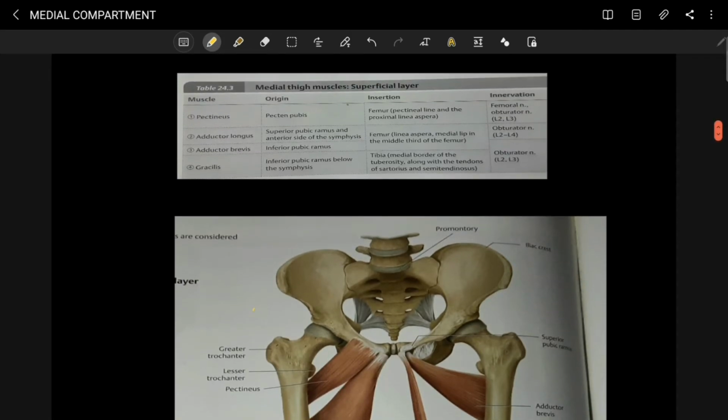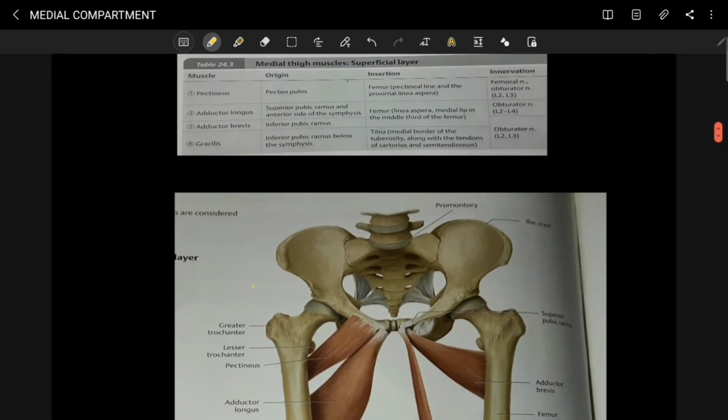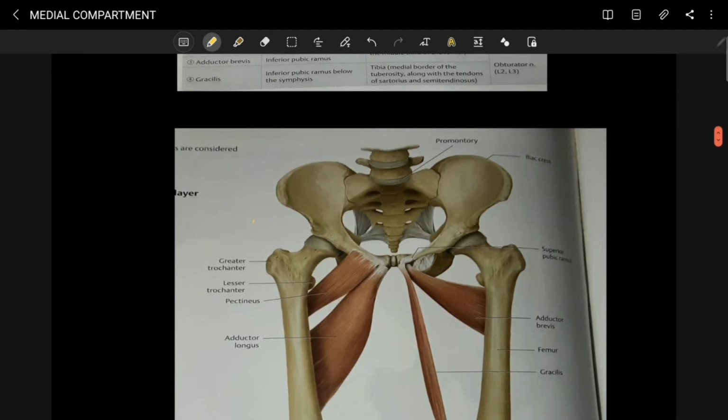So those are four muscles. Just to revise, we have pectineus here. Pectineus originates at pecten pubis, attaches at the pectineal line in the femur. Done.